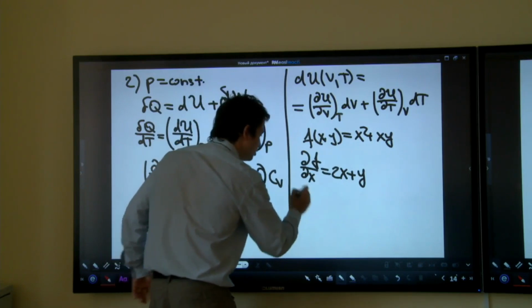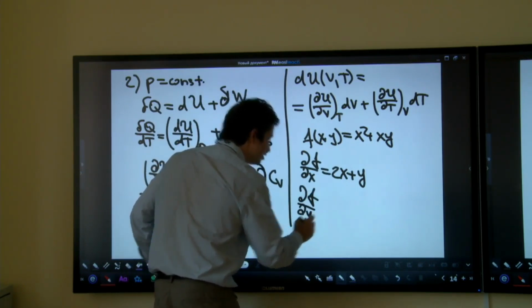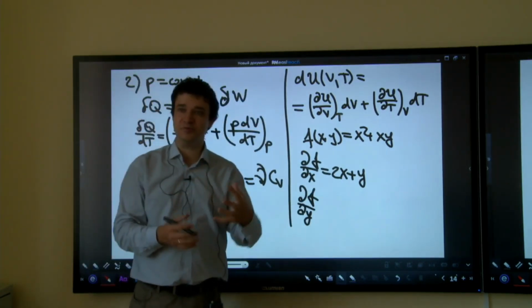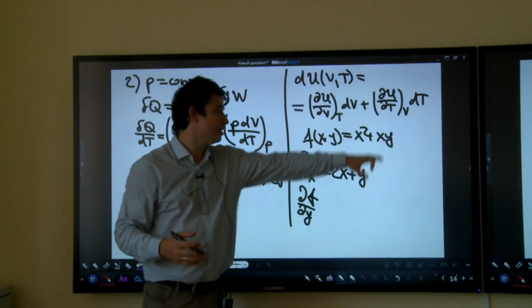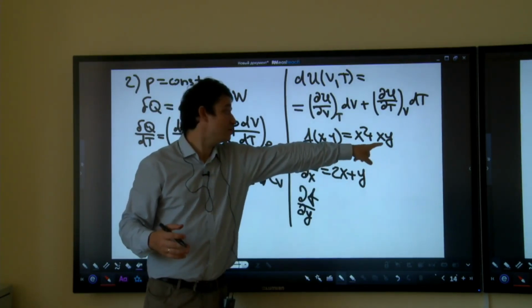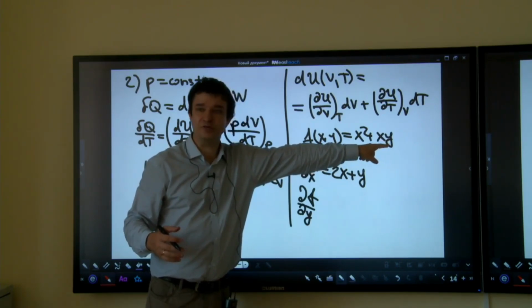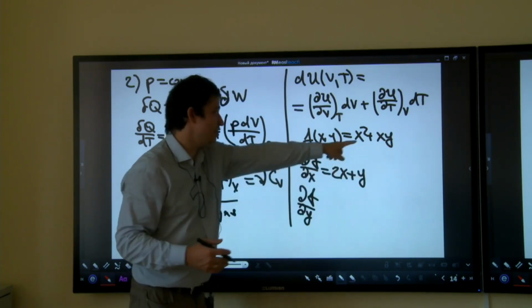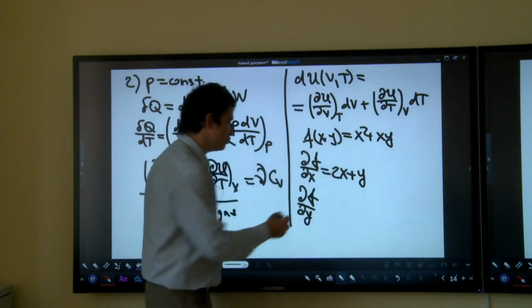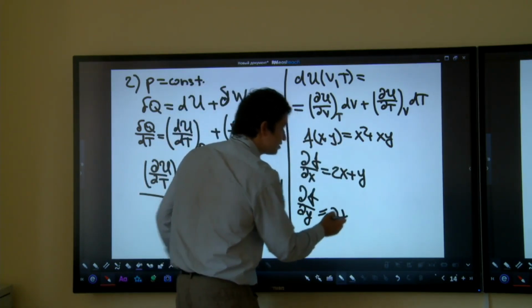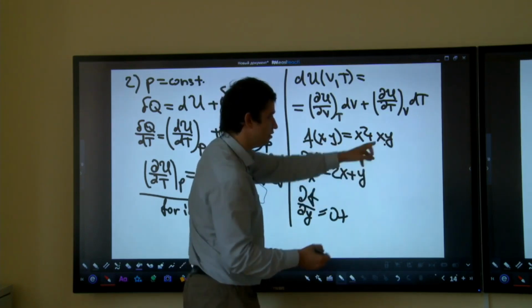But if I want to calculate a partial derivative with respect to y, then I assume that x is a constant parameter, but y is a variable. So in this way, I see a linear function with respect to y. And here is a constant. The derivative of constant is 0, plus the derivative of this is actually x.